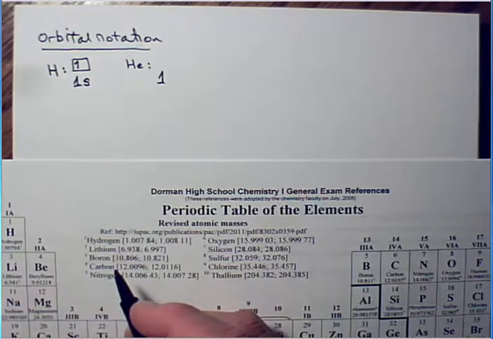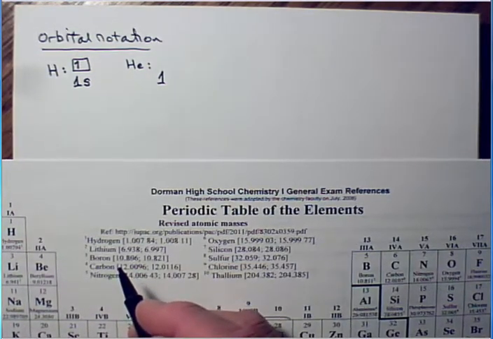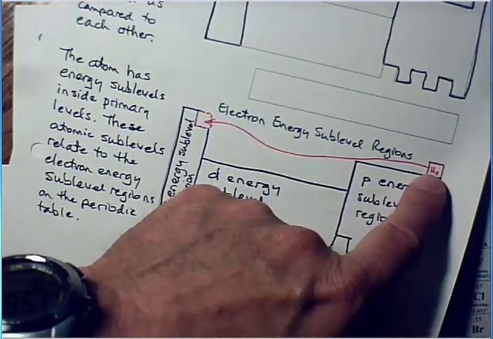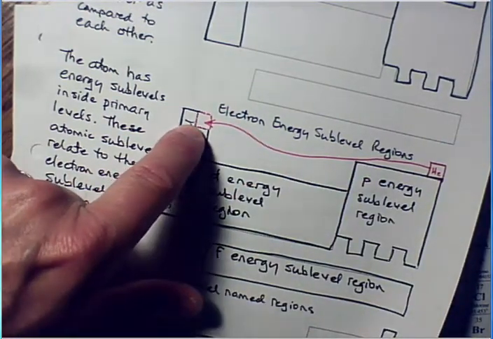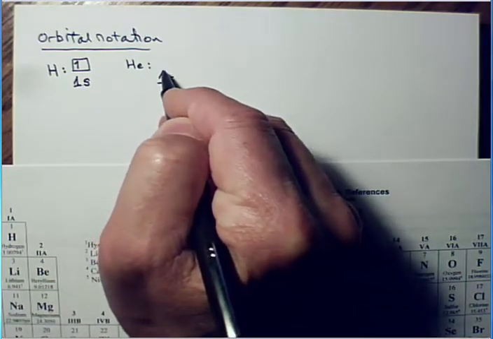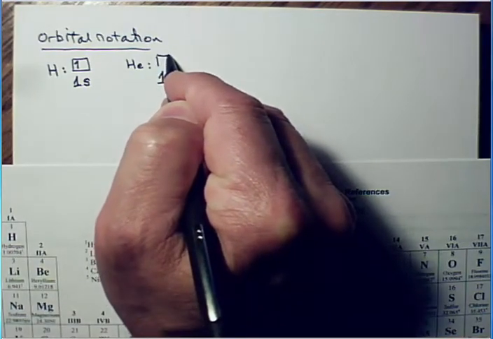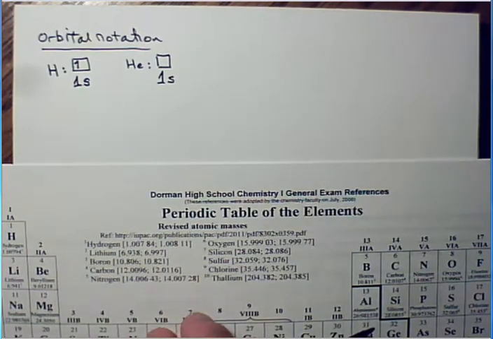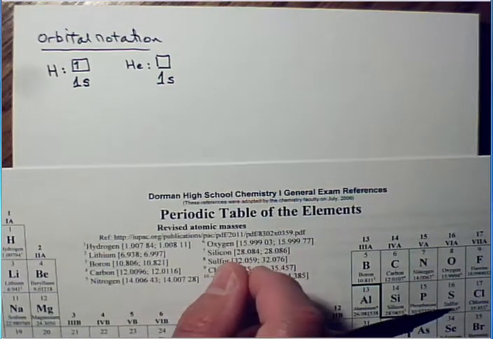And what sublevel do you find when you get to that helium? What sublevel region is it located in that periodic table outline? S. Still an S because we moved the helium from over here to over here. Okay? That's the reason we did that. So this is 1s. And S sublevels only have one orbital, which is designated as a square, although it's not the actual shape of an orbital.